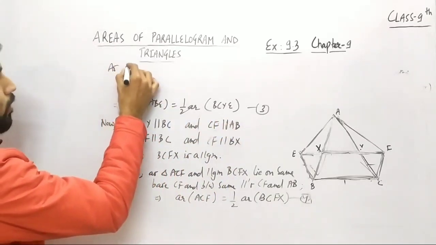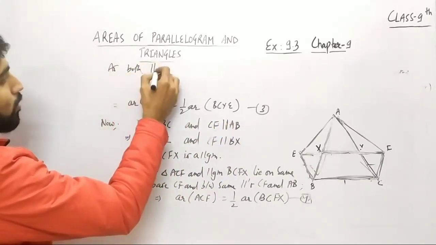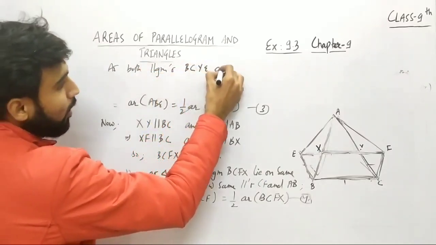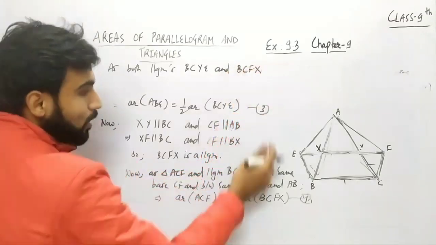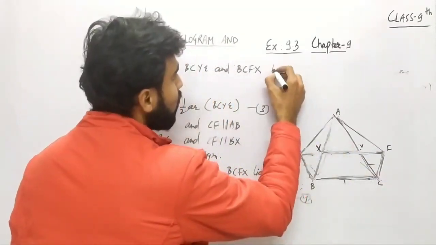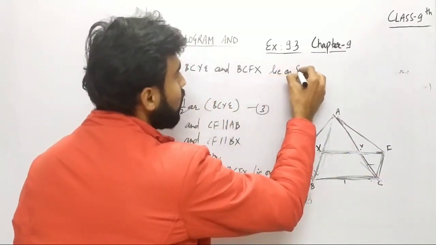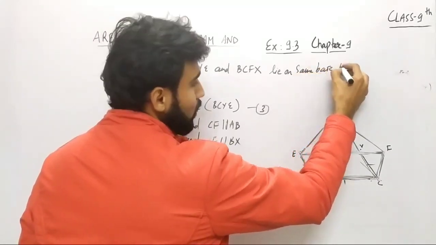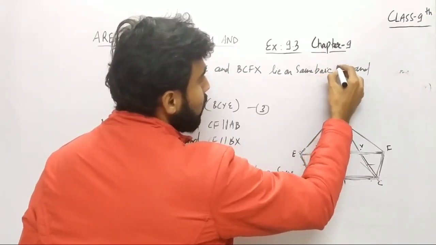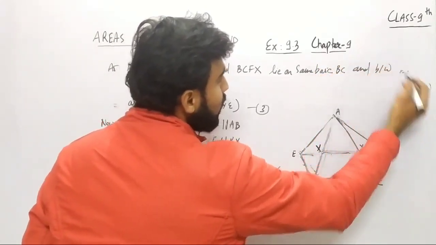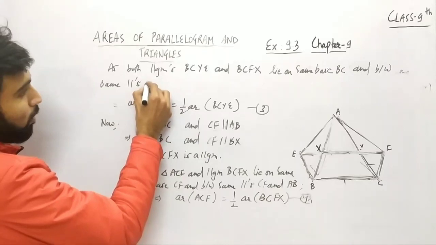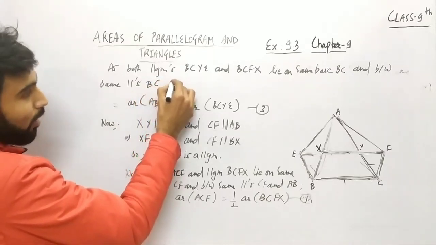Now, as you can see, both the parallelograms BCYE and BCFX lie on the same base, which is BC, and between the same parallels, that is BC and EF, right?